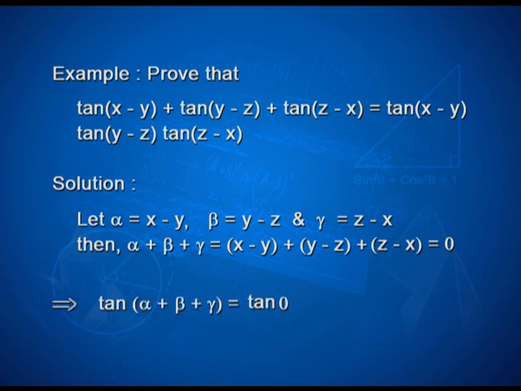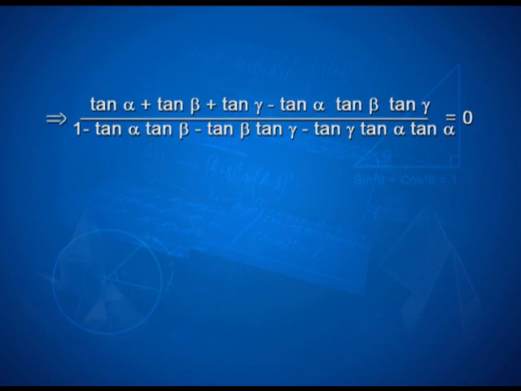Therefore, tan of alpha plus beta plus gamma is tan 0. This implies tan alpha plus tan beta plus tan gamma minus tan alpha into tan beta into tan gamma, divided by 1 minus tan alpha into tan beta minus tan beta into tan gamma minus tan gamma into tan alpha, is equal to 0.